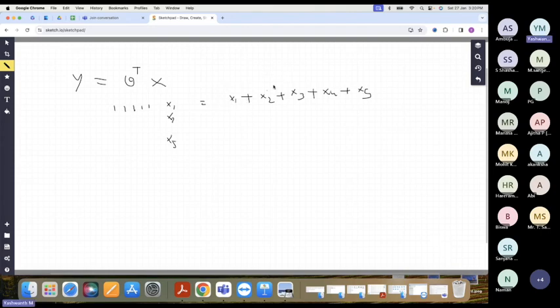Now, how many different kinds of inputs give me an output y of 1? For Boolean input, how many possible inputs can you have? x1 can take 0 or 1, x2 can take 0 or 1, x3 the same thing. That is 2 power 5.